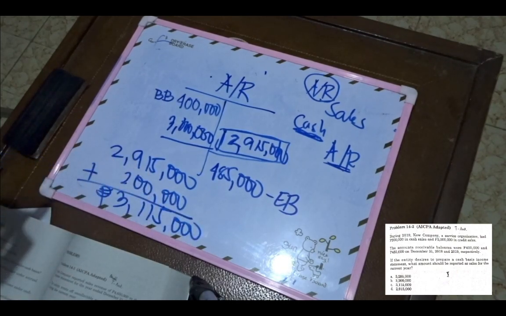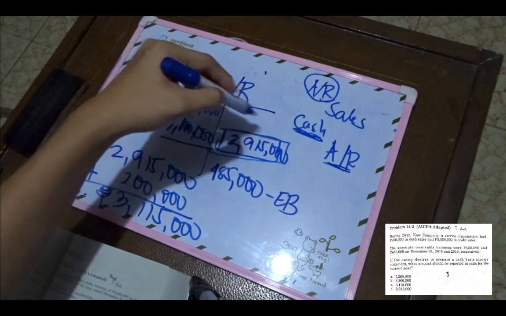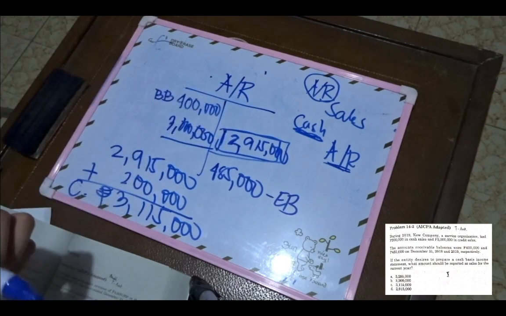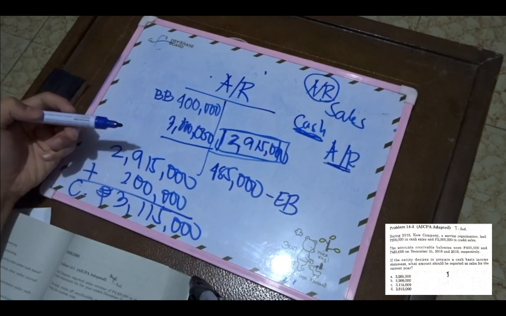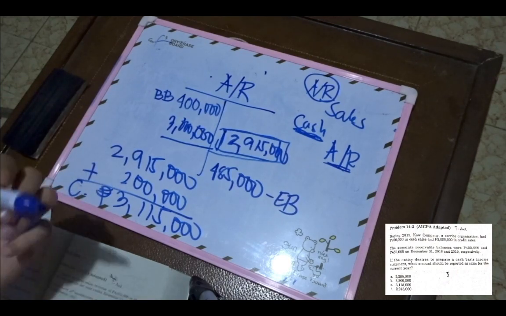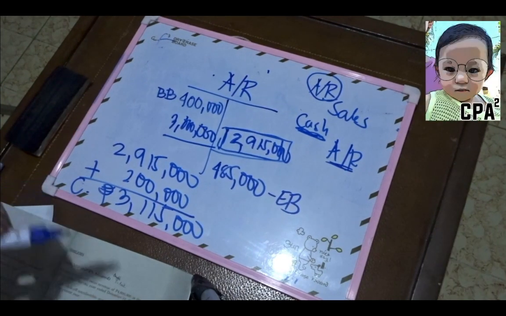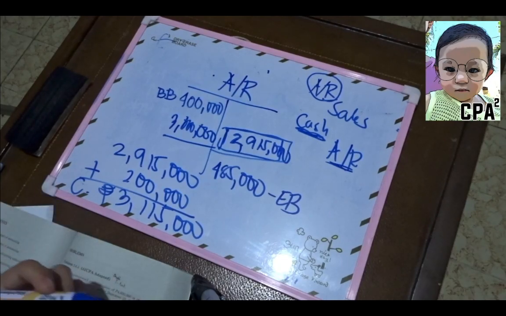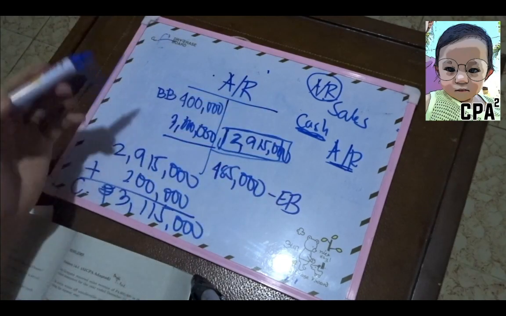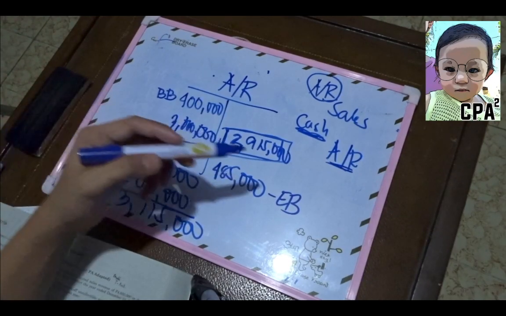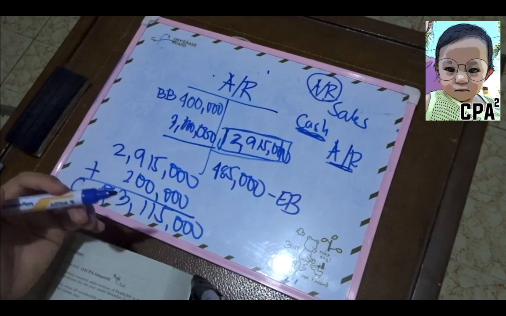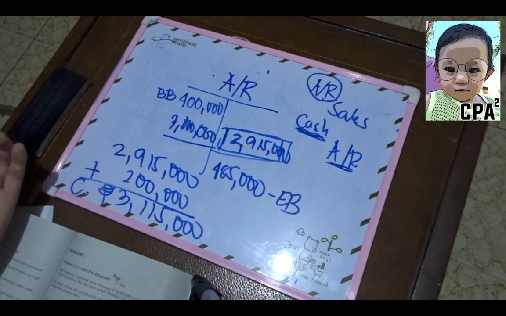Okay, so that's letter C. So if you notice, we just used one T account, then solve for the cash collections, add it with the cash sales in order to get the correct answer. So most problems involve that type of line of questioning. What's important is that you know where to put the beginning balance and ending balance, where to put the credit sales and the collections, and you'll be able to answer.